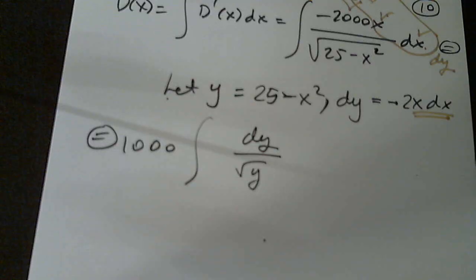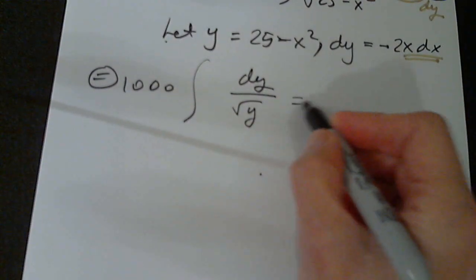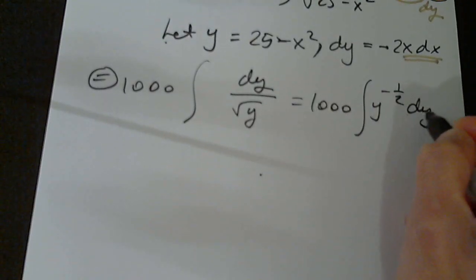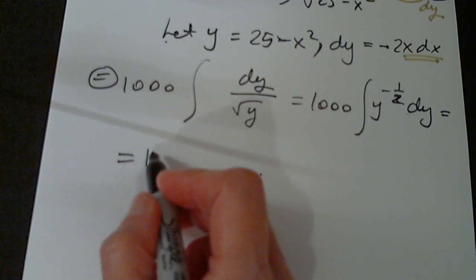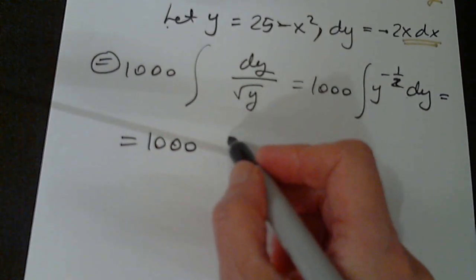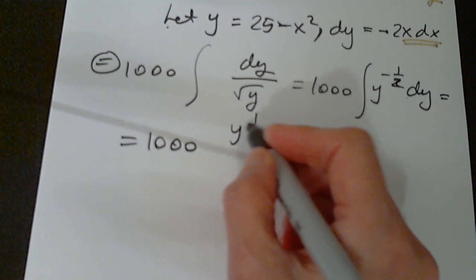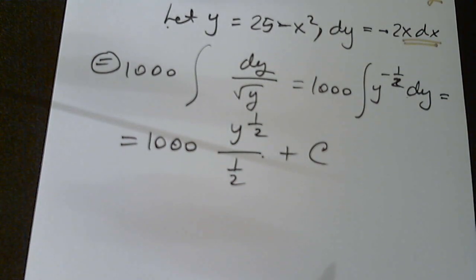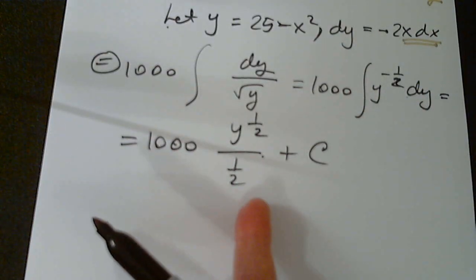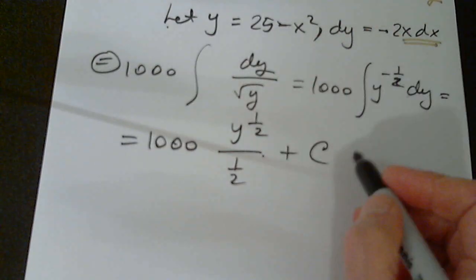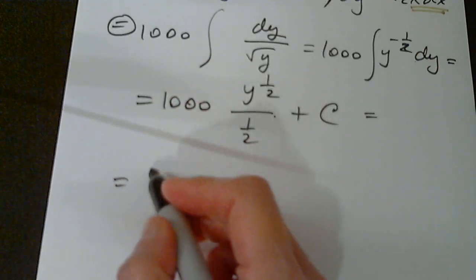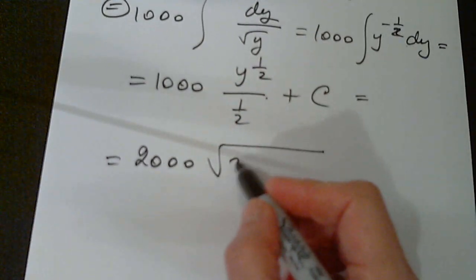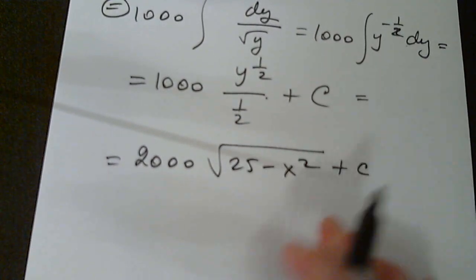Then I have to change it into y to negative 1/2 dy so I can integrate. So 1,000, y to negative 1/2 plus 1 is y to 1/2 over 1/2 plus a constant c. Yes, I have to go back. This is an indefinite integral. I have to go back to the substitution. I flip, so I get 2,000, and this is the square root of 25 minus x squared plus a constant c.